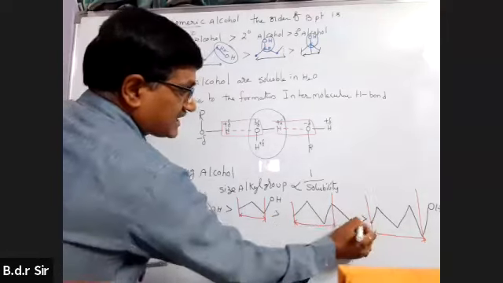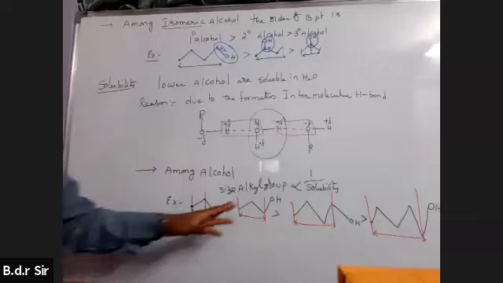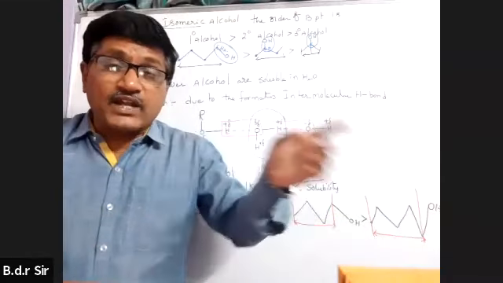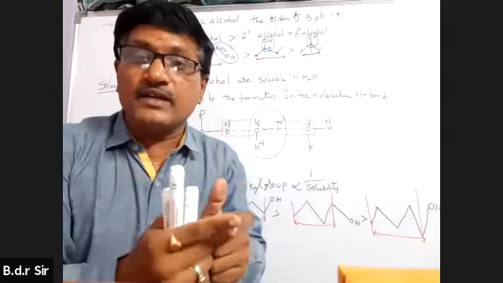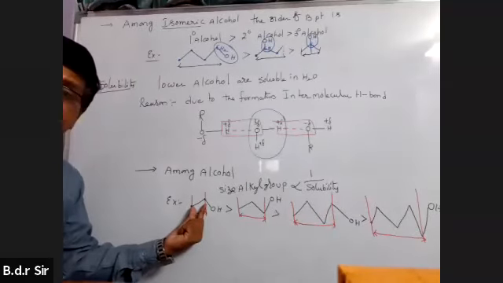What is the reason? As the size of the alkyl group increases, the hydrophobic part increases. Hydro means water, phobic means hating. Here the hydrophobic part is less.